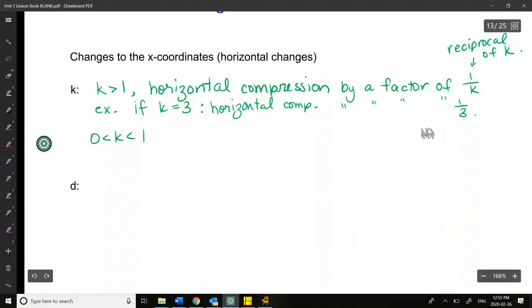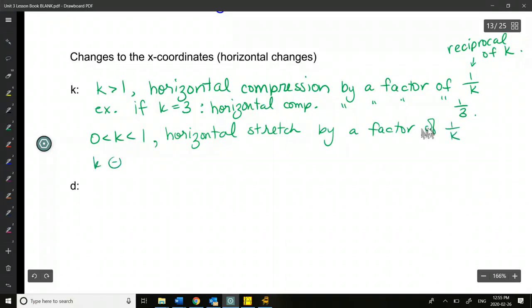If K is between 0 and 1, this is a horizontal stretch by a factor of its reciprocal as well, a factor of 1 over K. And if K is negative, we call this a horizontal reflection or flip.